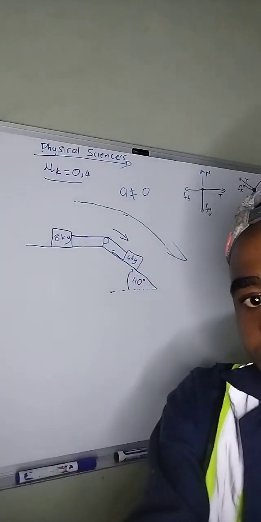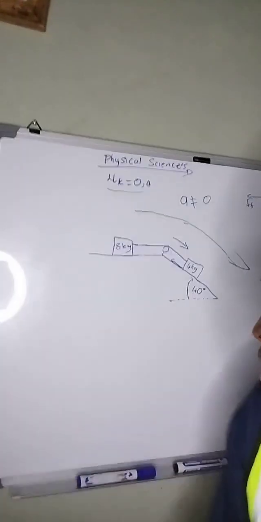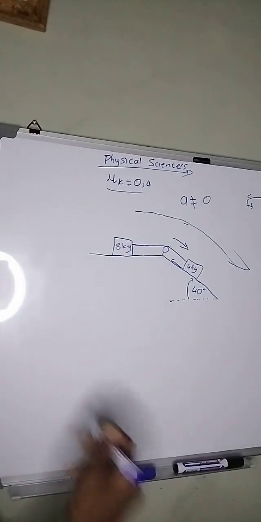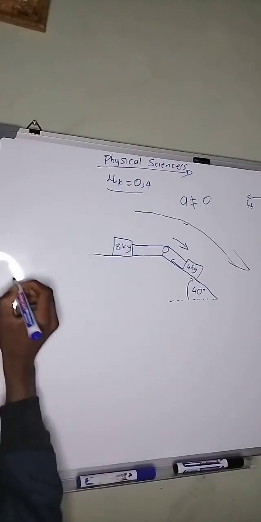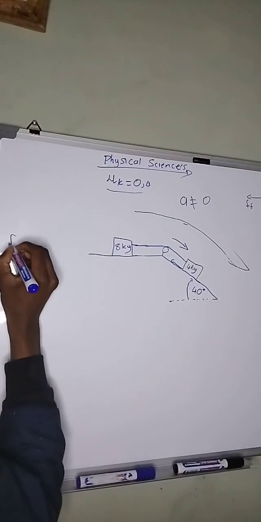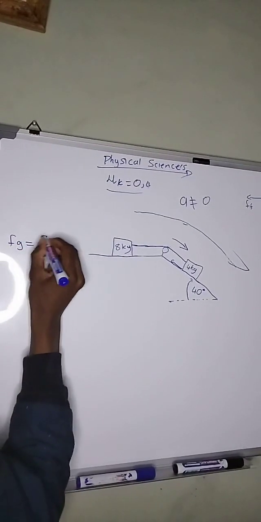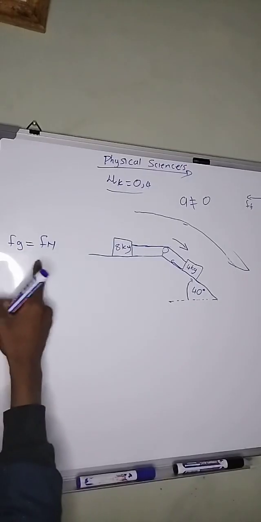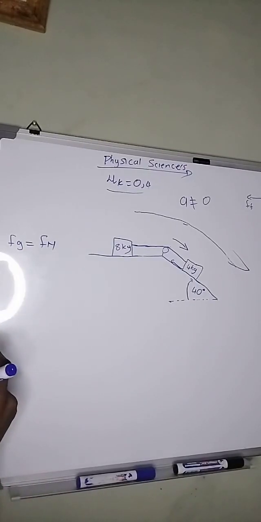So now I'm going to focus a bit on the 8 kg block. So here I'm going to have Fg being equal to Fn. Am I correct with this statement?